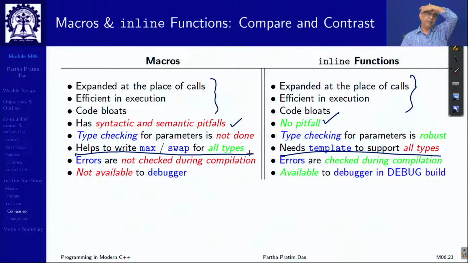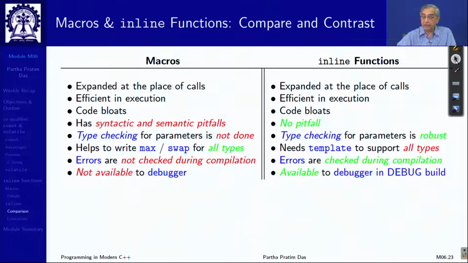Right? One way you write a swap function is using a macro, because you need it to work for any type of data. But we have already seen that we can handle those situations using templates and meta programming. Otherwise, everything else in terms of inline functions is a plus, and we would always use inline functions only instead of macros.